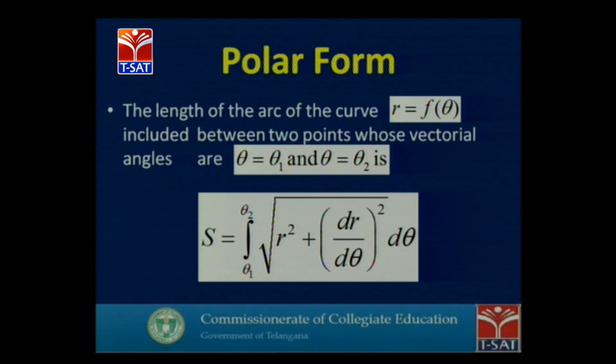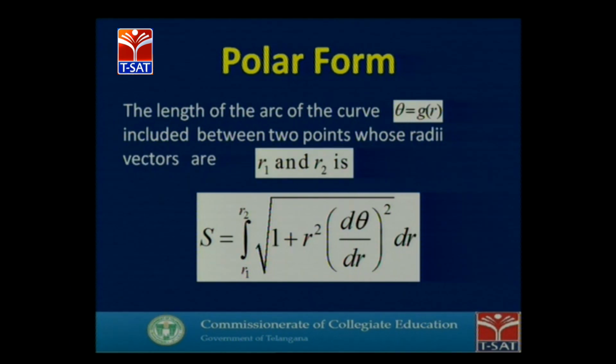s is equal to integral theta 1 to theta 2 under root of r square plus (dr by d theta) whole square into d theta, if the equation is given in the form r is equal to f of theta. Suppose the equation is given in the form theta is equal to g of r, then how to find the length?